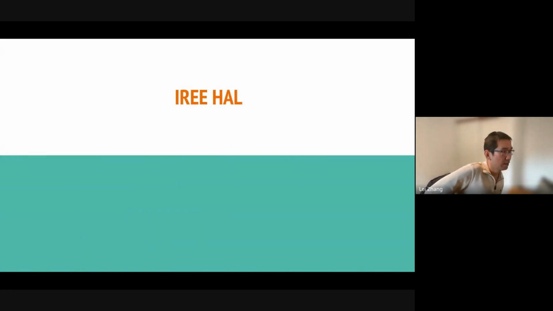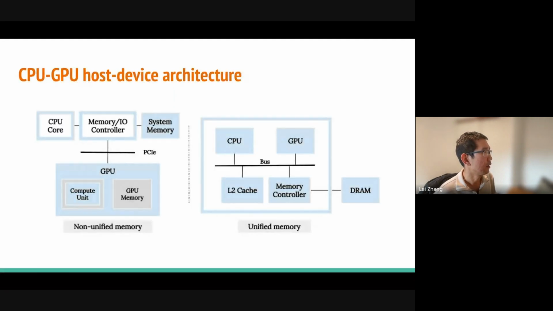First, I need to talk a little bit about the Eerie HAL in general, because metal is effectively an implementation of the hardware abstraction layer. We call them drivers, which are mini implementations of the HAL on top of a particular GPU API pretty much. It starts with the CPU, GPU host device architecture.